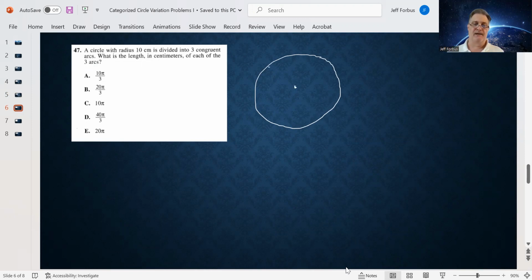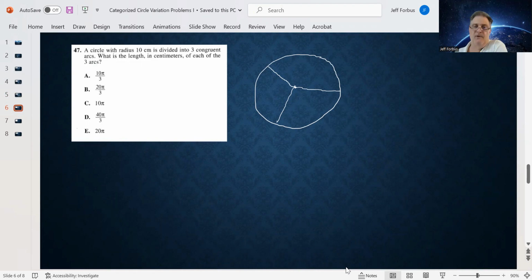So I'm going to draw a line here. I'm going to draw like a line maybe here. And then I'm going to draw one estimating about right about there. 3 congruent arcs. Now my circle again isn't perfect, but you get the idea. Congruent meaning equal arcs.